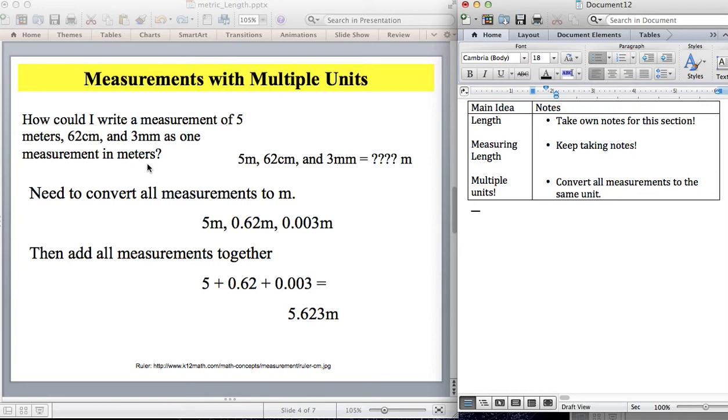In this case, I want to convert everything to meters using my normal King Henry died by drinking chocolate milk conversion, and then we can add all the measurements together. All of these are measurements of length, 5 meters, 62 centimeters, 3 millimeters. I convert each to meters, and then I add them up. And then I get 5.623 meters as my measurement there.